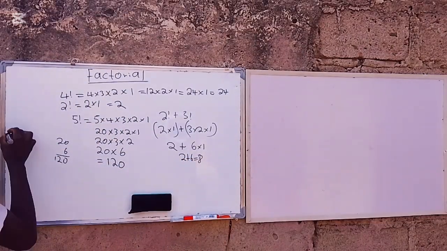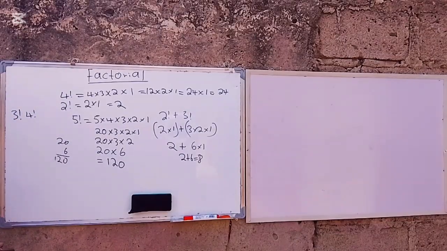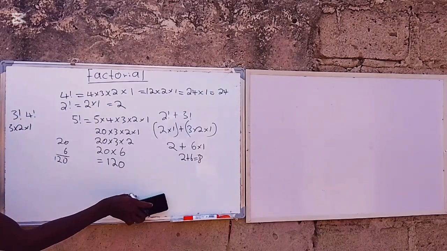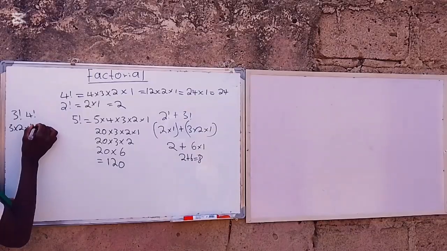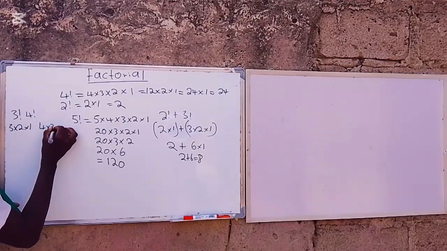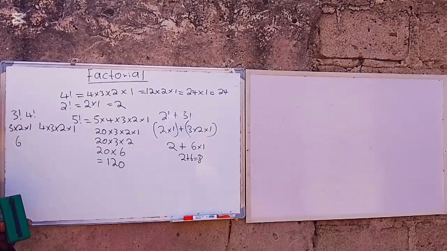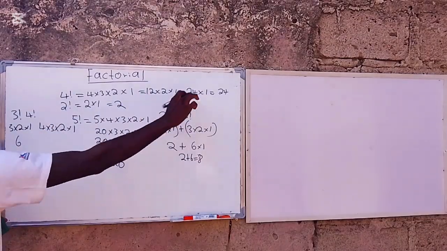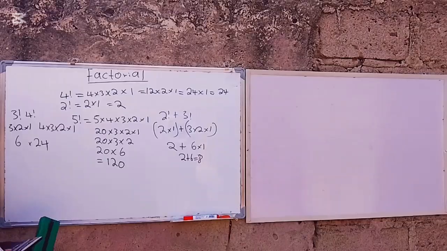What if I'm given 3 factorial times 4 factorial? This is multiplication. So I have to say 3 times 2 times 1 multiplied by 4 times 3 times 2 times 1. 3 factorial is 6, because 3 times 2 gives me 6, and 6 times 1 is again 6. 4 factorial, which we found, is 24.